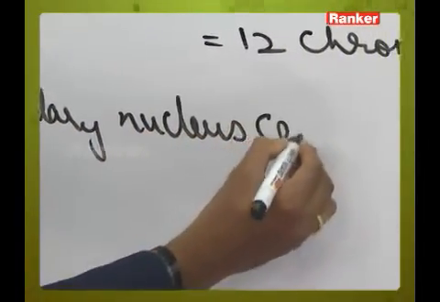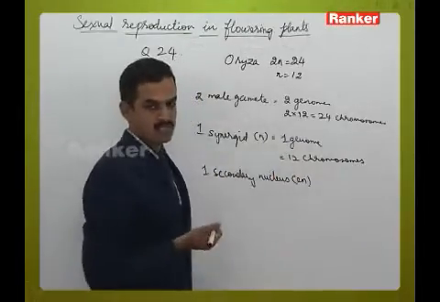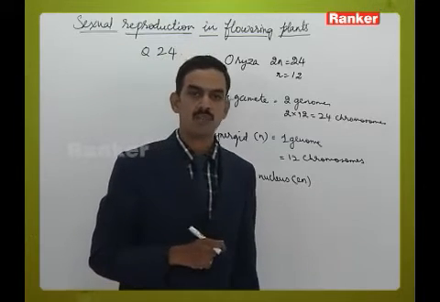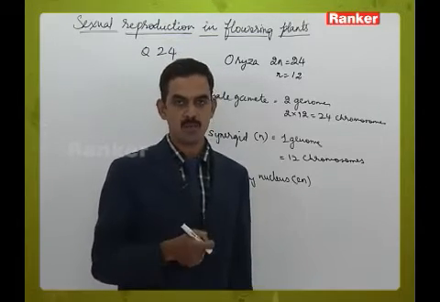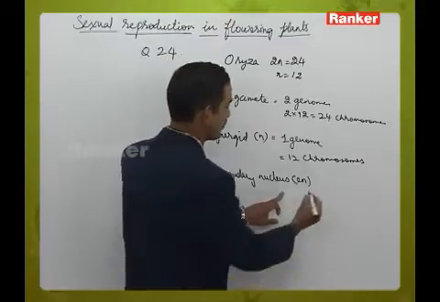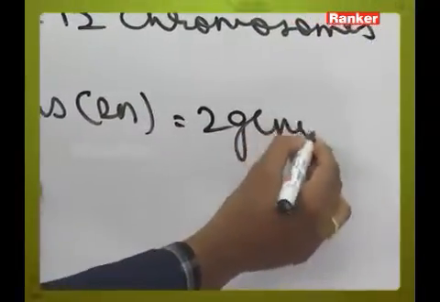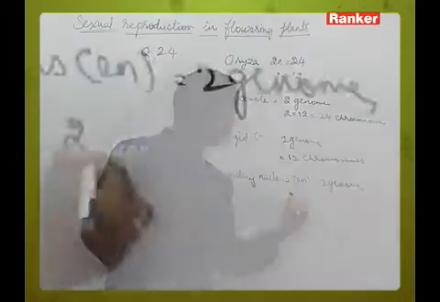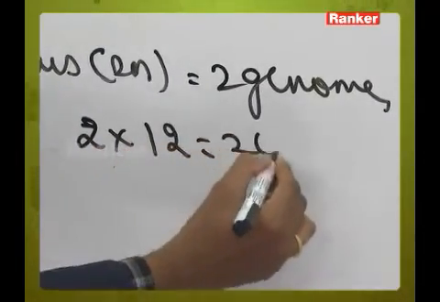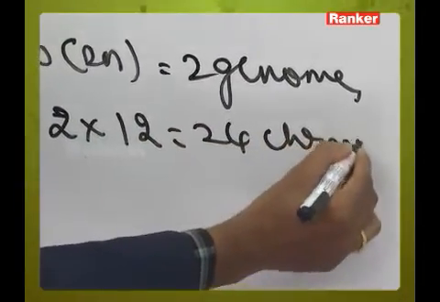The secondary nucleus is diploid in condition. Why? Because it is formed as a result of fusion of the haploid upper polar nucleus and haploid lower polar nucleus. So 2 genomes are present, and each genome, as we said, contains 12 chromosomes. So 2 into 12, 24 chromosomes are there in the secondary nucleus.